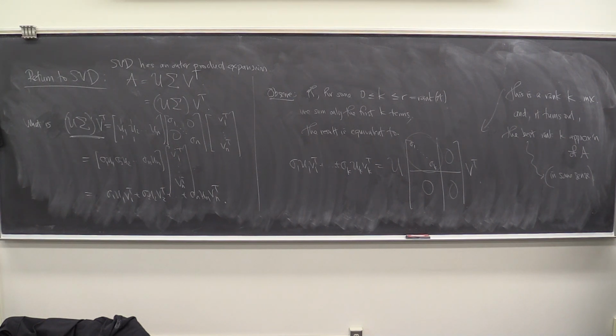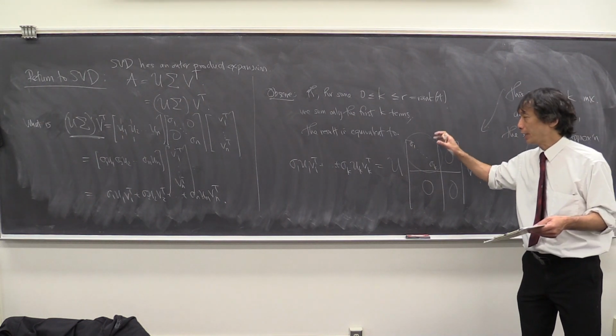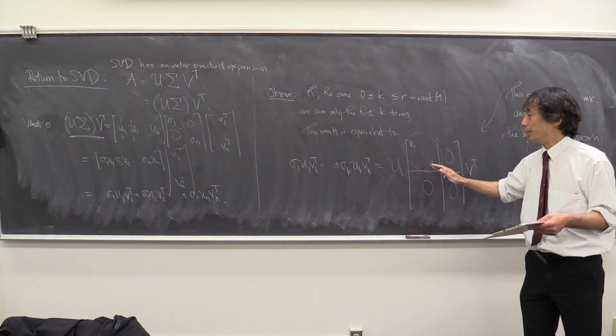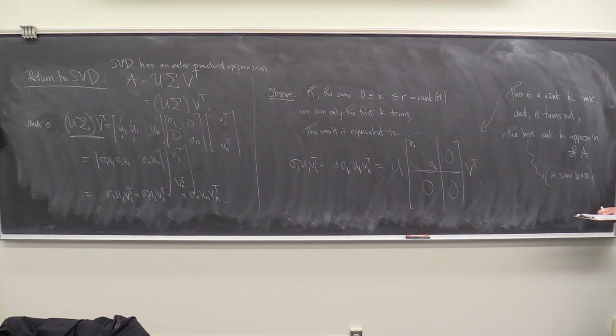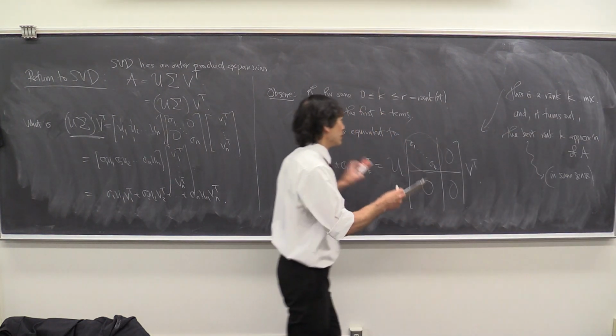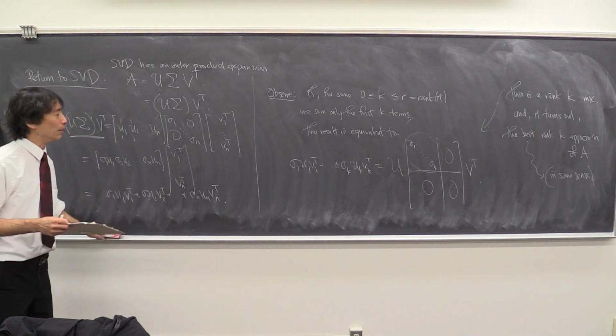So basically, we're going to see that there's a way of defining distance between matrices, and the distance between A and this matrix will turn out to be the smallest distance possible. Gotcha. Yeah.